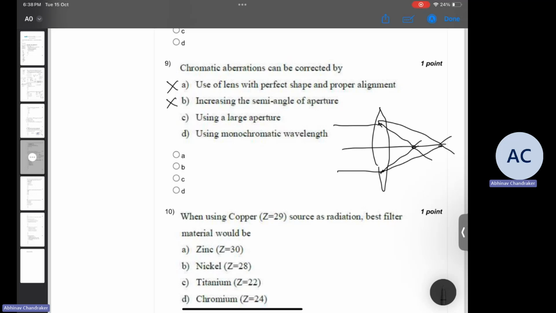Using a large aperture also won't help. But if we use monochromatic light, then we will only have a single wavelength, so chromatic aberration will not occur. All the incident beam will focus at only one point. So our correct answer should be D.